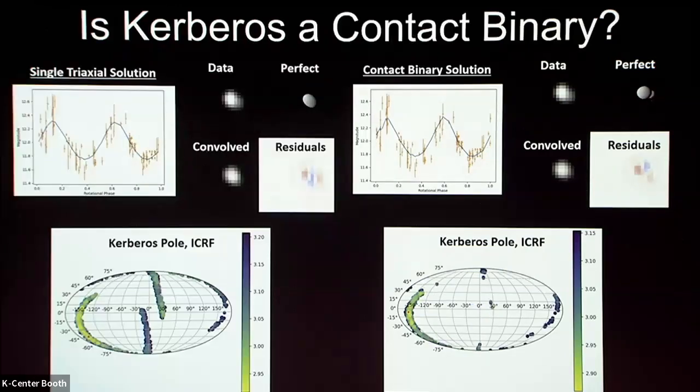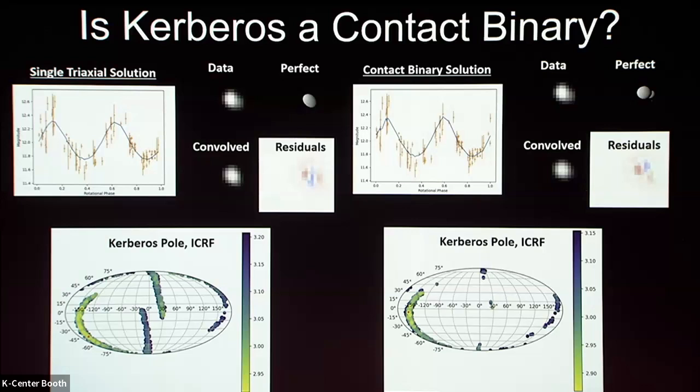The other trick with Kerberos is, is it a contact binary? Because it kind of looks like it in this image, and it looks even more so in Todd's deconvolution, which I was going back and forth on whether I believe or not. So that's what the actual data looks like.